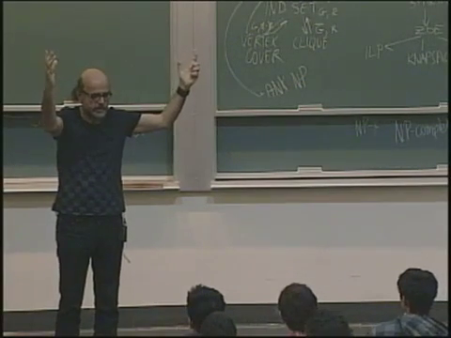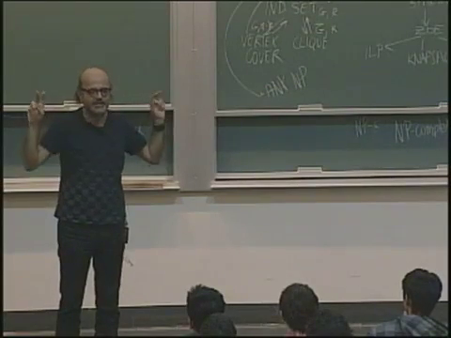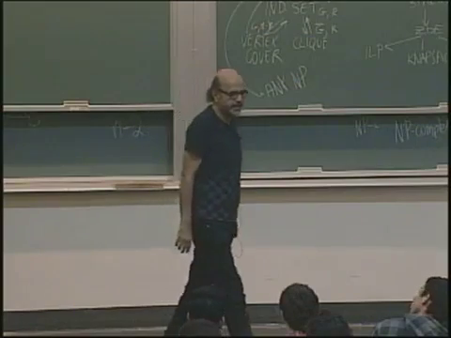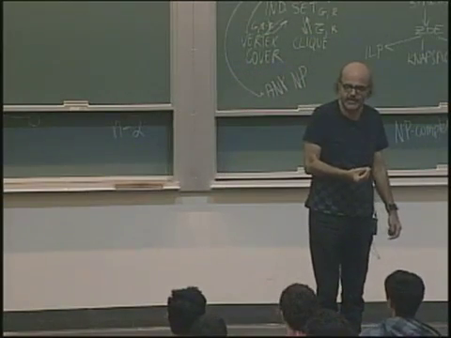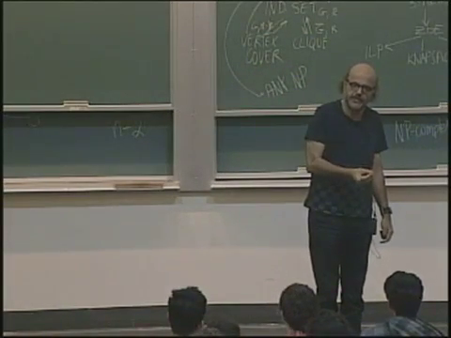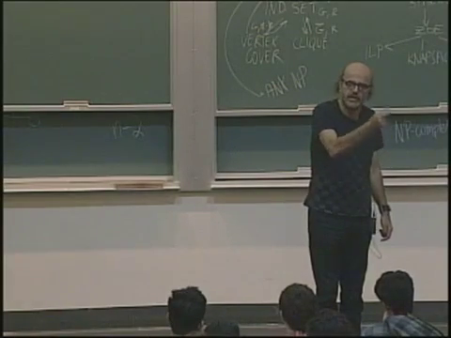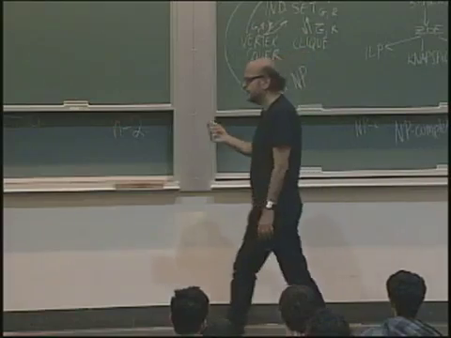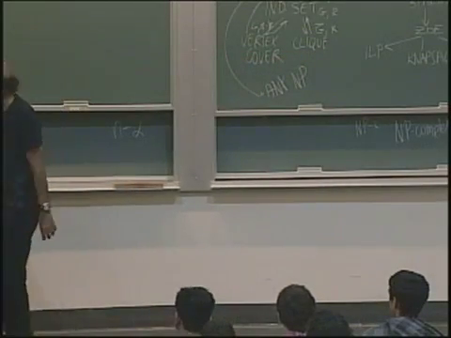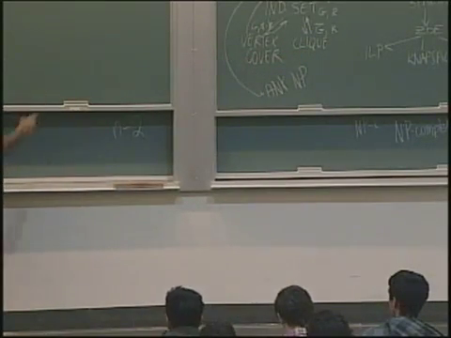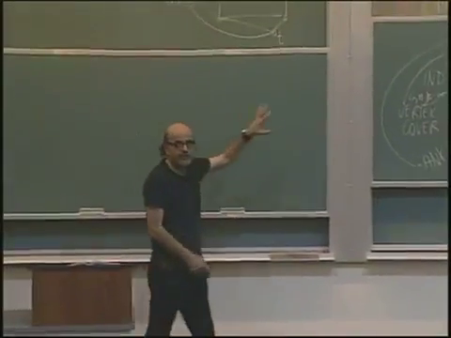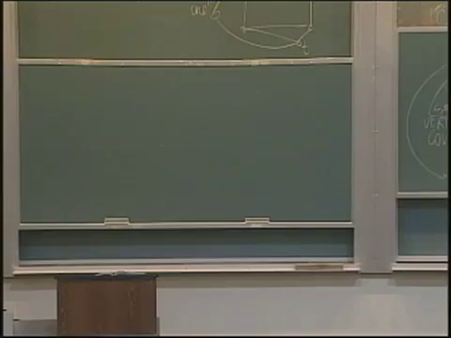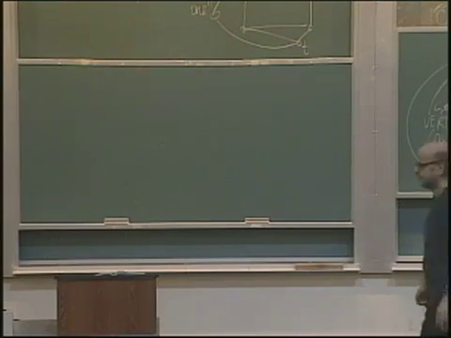These are called gadgets in NP-completeness lore. You have to come up with gadgets that really capture the idea of logic in graphs. So we're going to go from 3-SAT to independent set. Everybody with me? Please pay attention, because this is our first really hardcore result. So let's see.